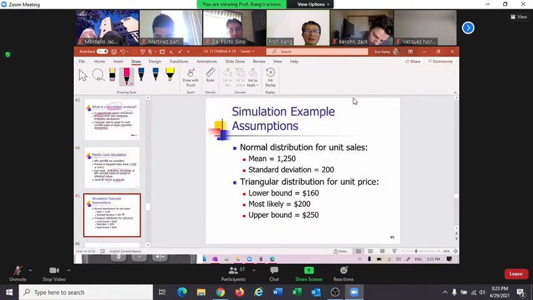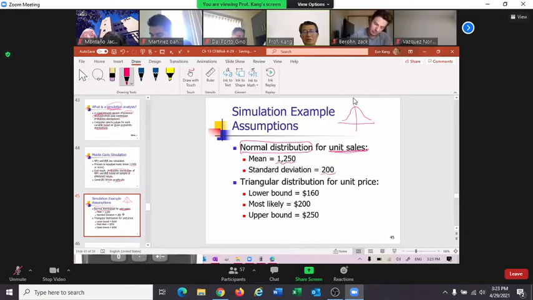And then let's just use an example. So you have to enter some distributions. Let's say a normal distribution, the normal bell-shaped distribution, for unit sales. That's your input. So the mean is 1250 and the standard deviation 200, let's say.